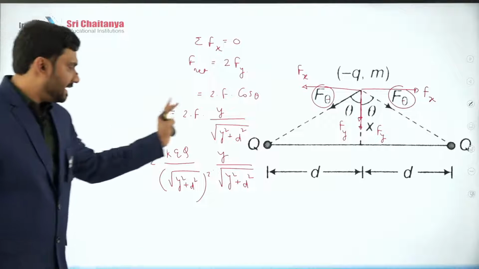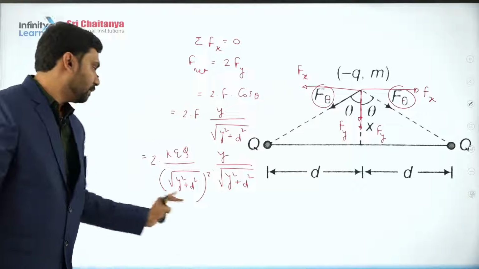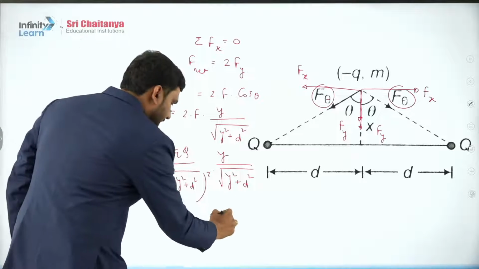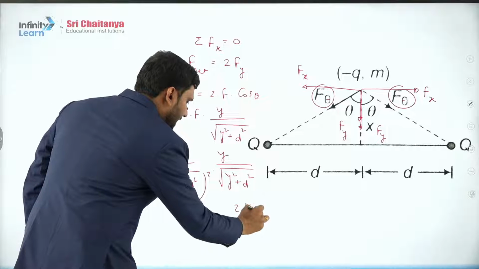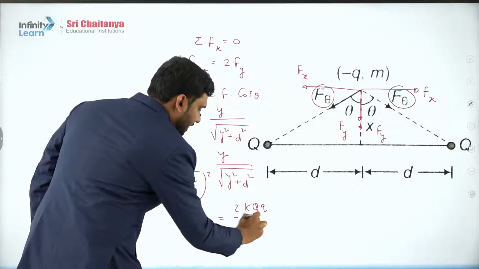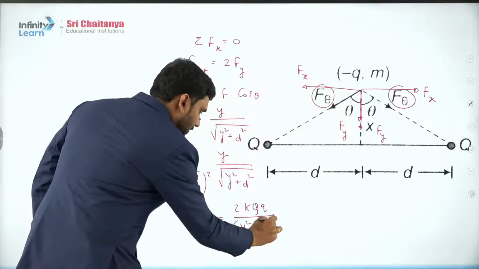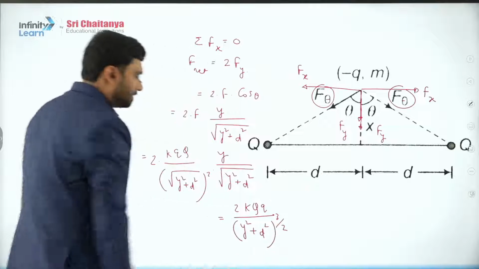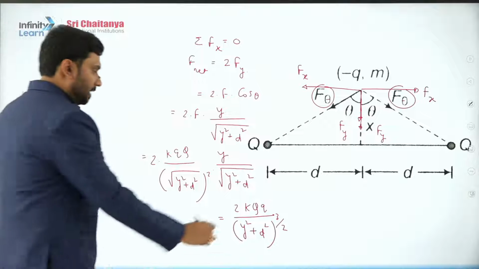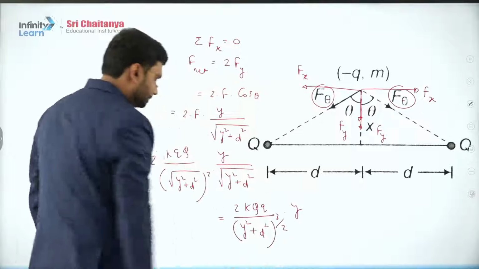So if I see the entire result, what we can get is 2k capital Q small q divided by y square plus d square whole to the power 3 by 2, that into y.